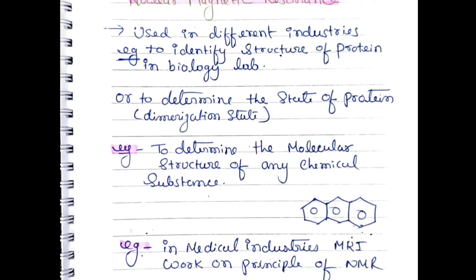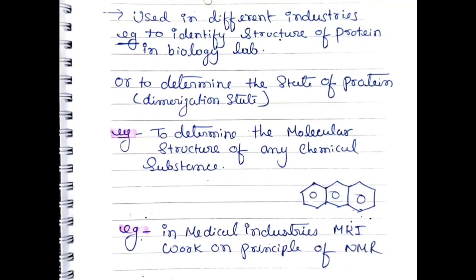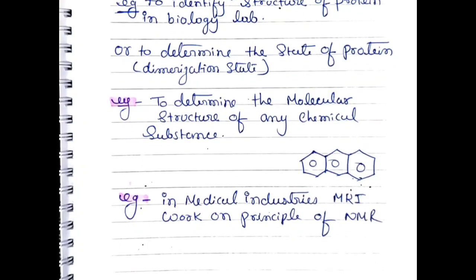It is used in different industries. For example, if we want to study the structure of a protein in a biology lab, we can use NMR. We can use NMR to study its dimerization state. Then we can use this technique to determine the molecular structure of any chemical substance, for example paracetamol has a benzene ring.